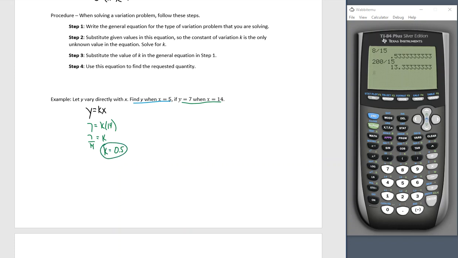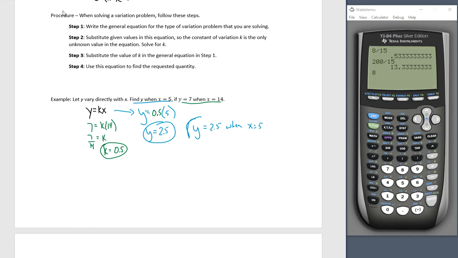Now that I have my k value, I want to find y when k is half and x is 5. What's half of 5? Half of 5 is 2.5. So y equals 2.5 when x equals 5. And that makes sense, right? Y is 7 when x is 14. It was cut in half. 5 cut in half, 2.5.